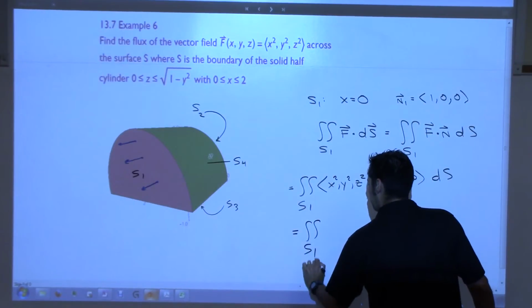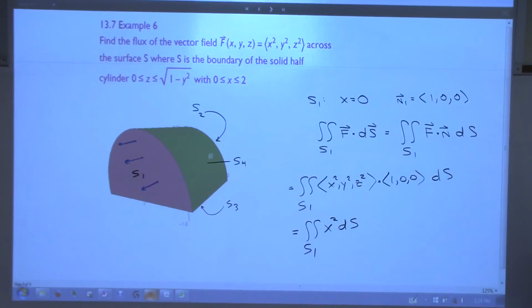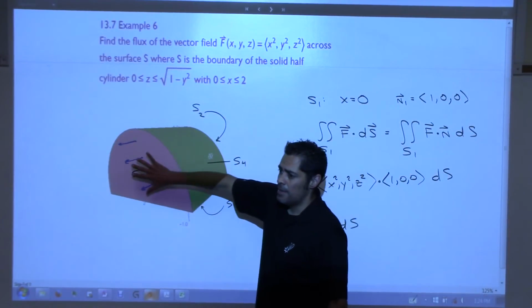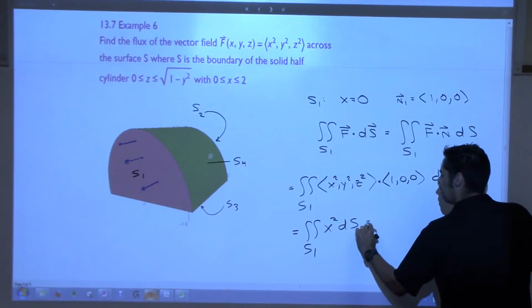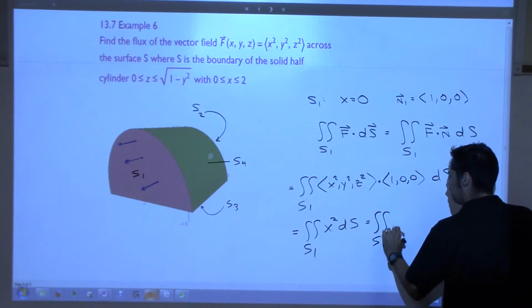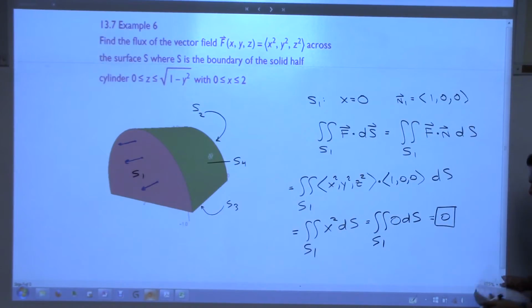So we still have this surface integral, x squared ds. And because we are actually on this plane, the x value is always what? 0. So we're just trying to do a surface integral of 0, which is 0.